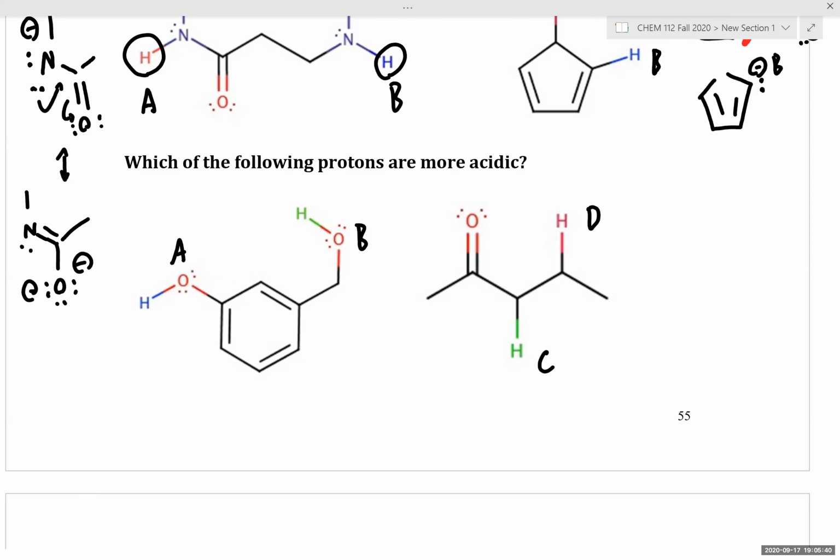Don't be shy to message in the chat which of the two protons you think are most acidic.